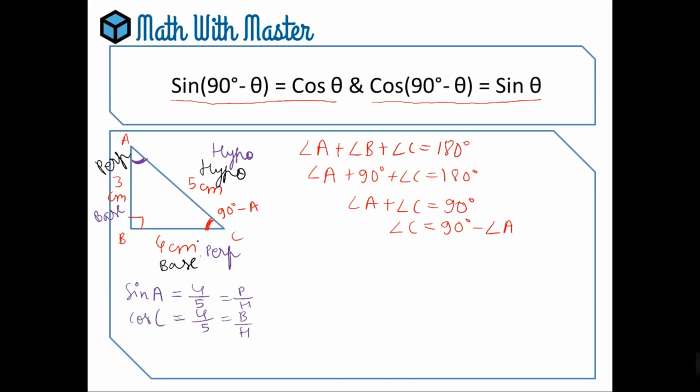So here we are getting the trigonometric ratio the same. Sin A is equal to cos C.